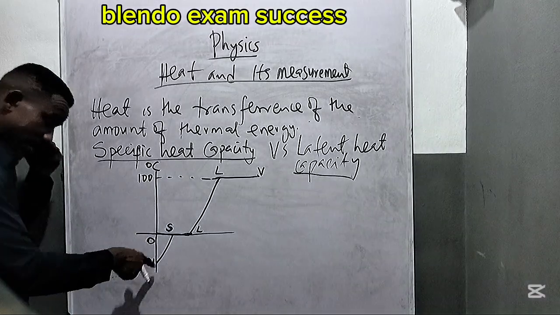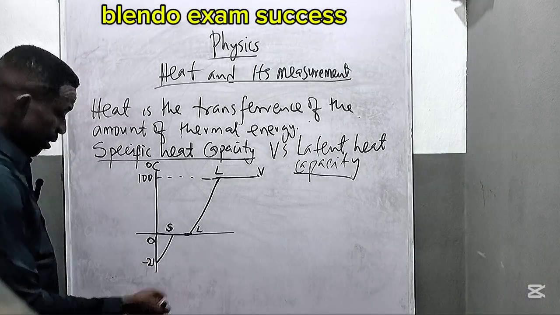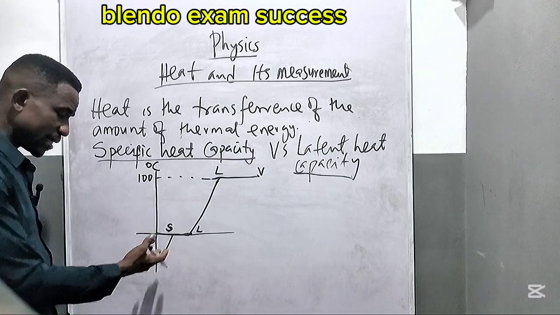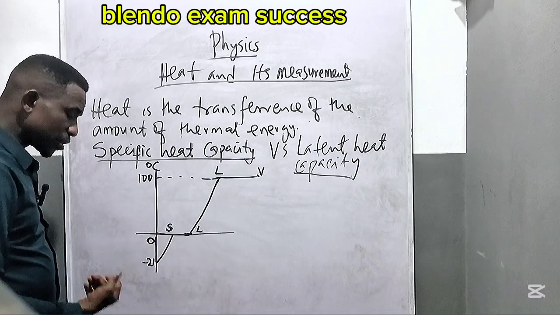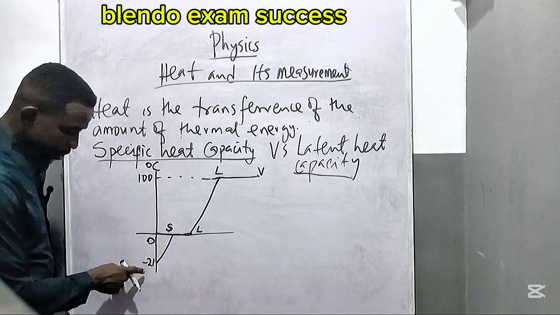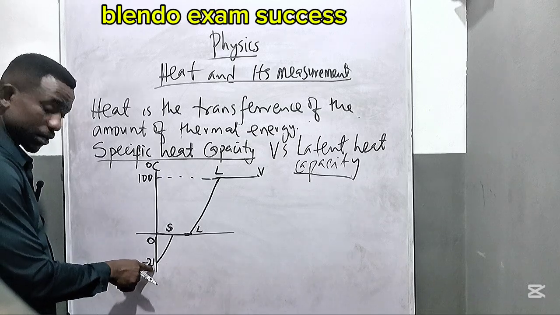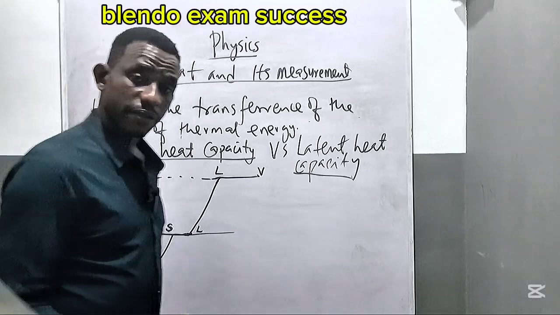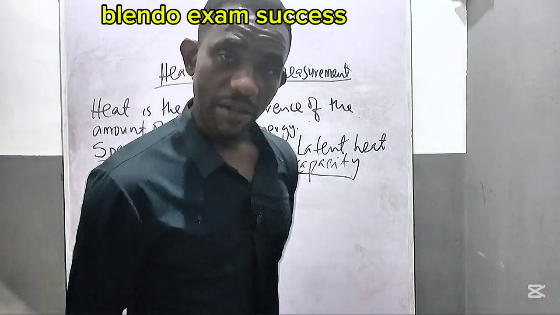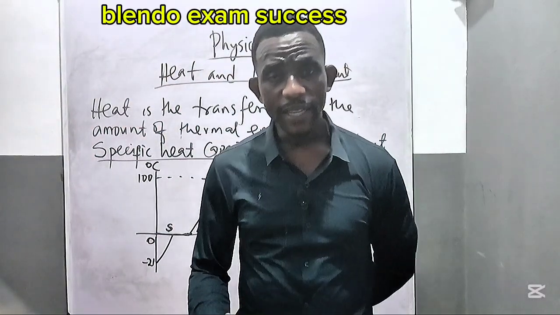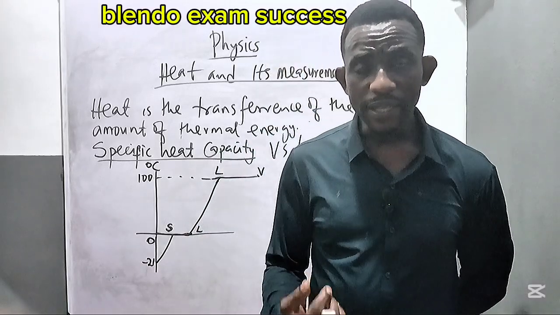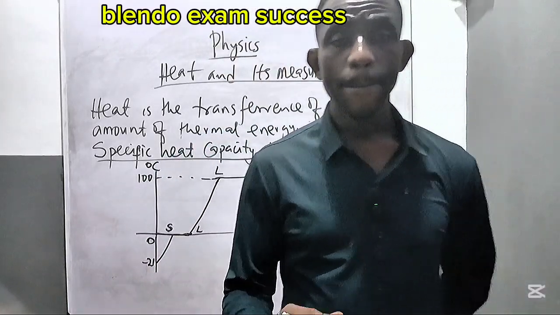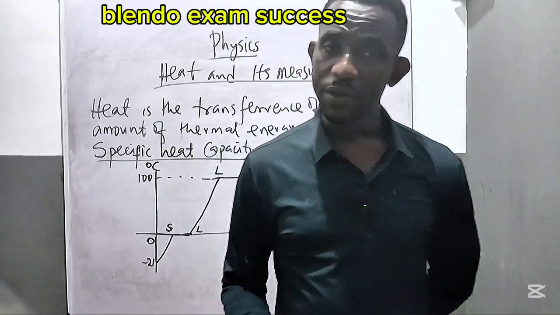As you are adding heat, there is a minimum amount of heat that is needed here. That quantity of heat needed to raise the temperature from minus 21 degrees Celsius to 0 degrees Celsius is what we call specific heat capacity. Specific heat capacity is the amount of heat energy required to raise the temperature of a unit mass of a substance by 1 degree Kelvin or 1 degree Celsius.